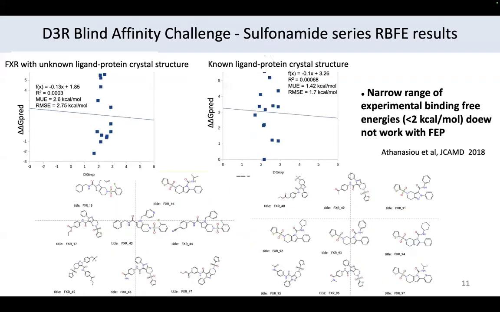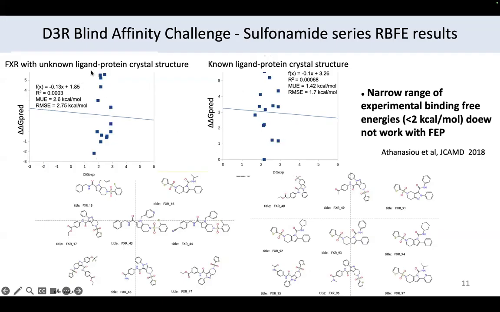However, we also know that the method has a limitation, and that is that it cannot predict ligands that are within 1 to 2 kilocalories per mole. In other words, the error of the method is below 2 kilocalories per mole. So if you produce a very narrow experimental range, with delta G experimental between 1 and 3 kilocalories, this is within the error of the method.